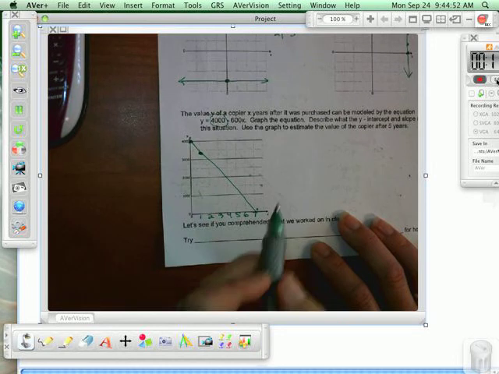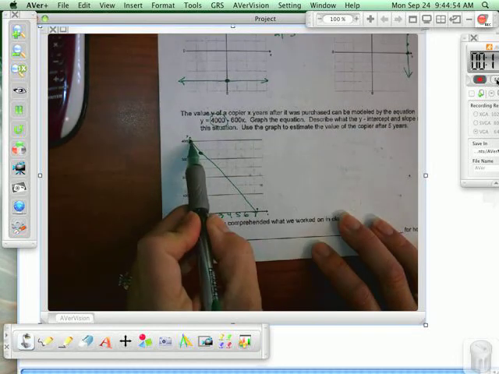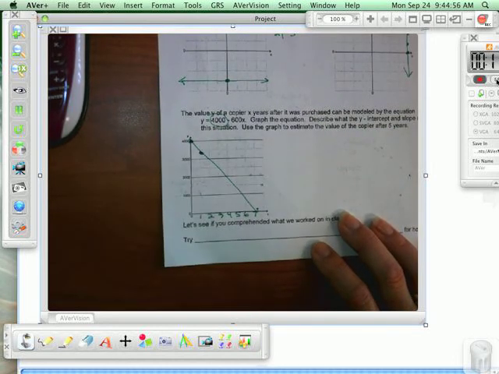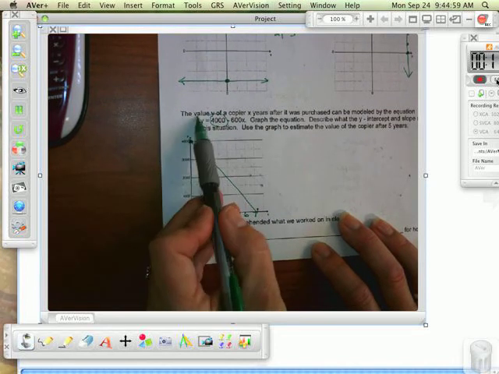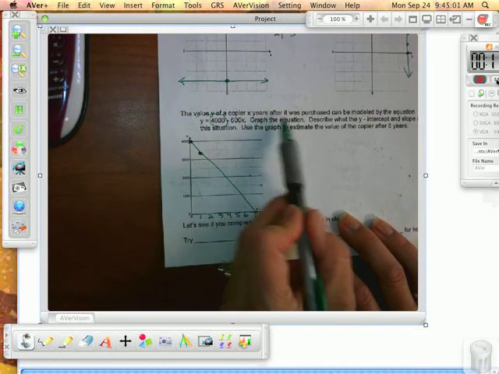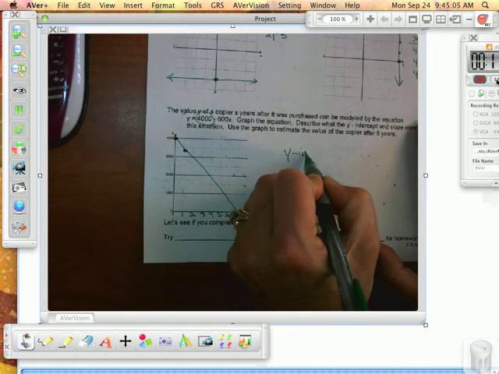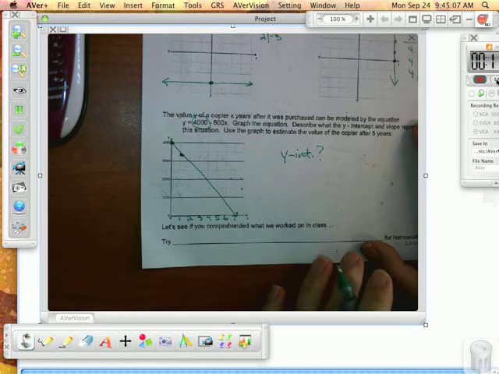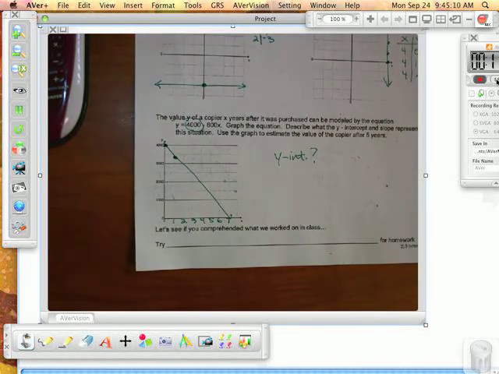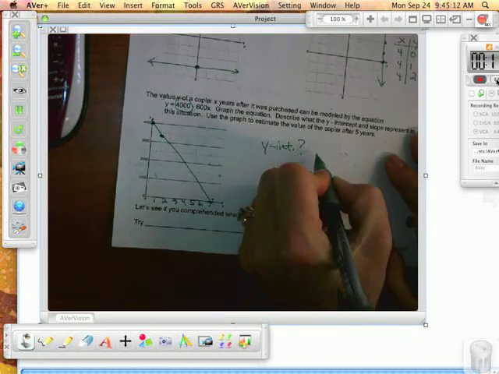What does the y-intercept represent in this situation? Let's read it again. The value y of a copier x years after its purchase can be modeled by this equation. What does the y-intercept represent? How much it cost when? When you bought it. Initial value.